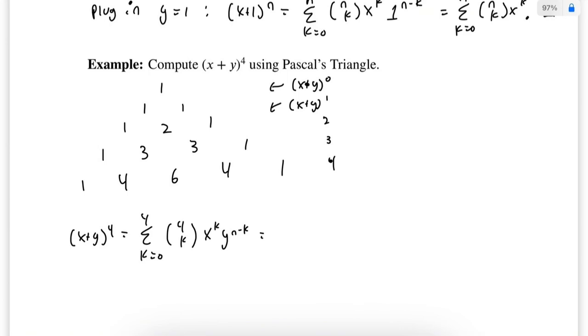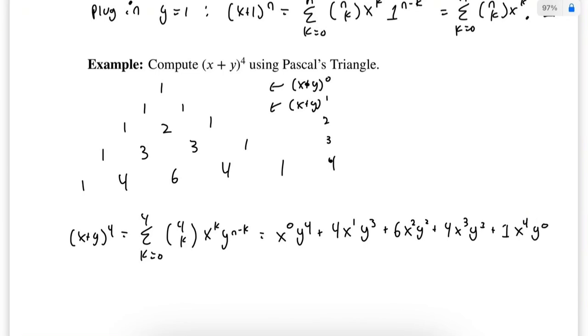So what do we get from Pascal's triangle, right? We have x^0 y^4, plus 4 x^1 y^3, plus 6 x^2 y^2, plus 4 x^3 y^1, plus 1 x^4 y^0.